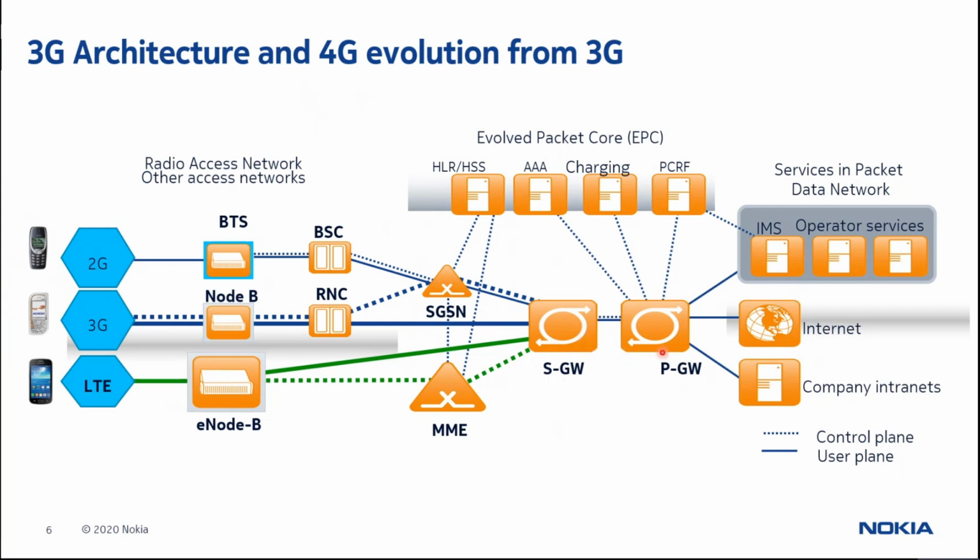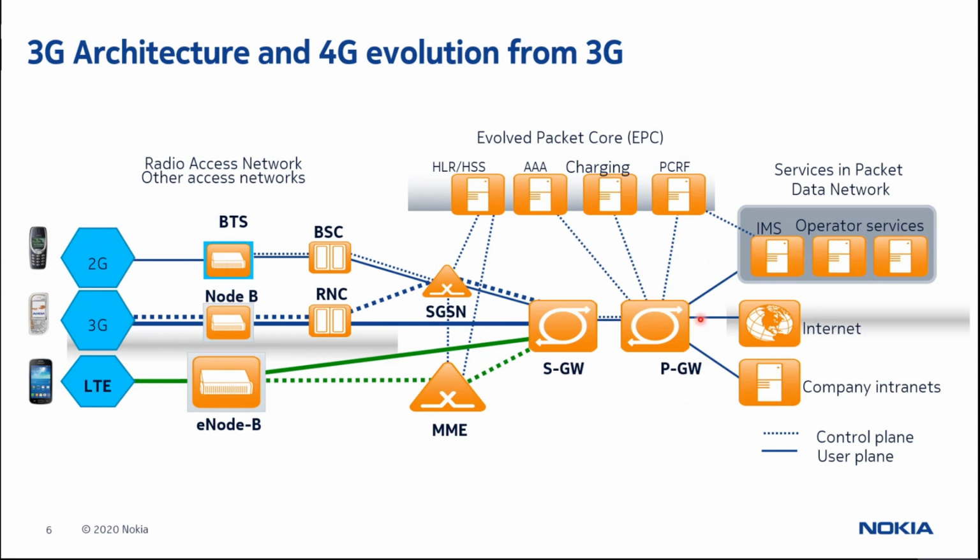So this combined entity, SGW and PGW as we call it, can be considered to be a combination of a gateway, a router, and a firewall, because it hides the internal network towards the external world.